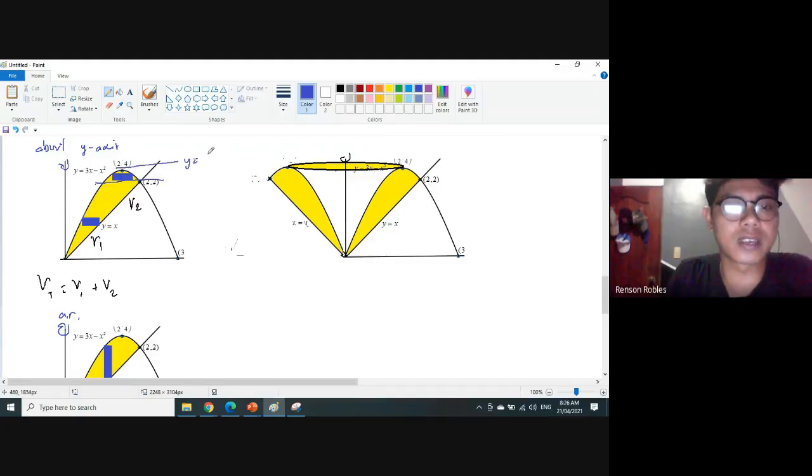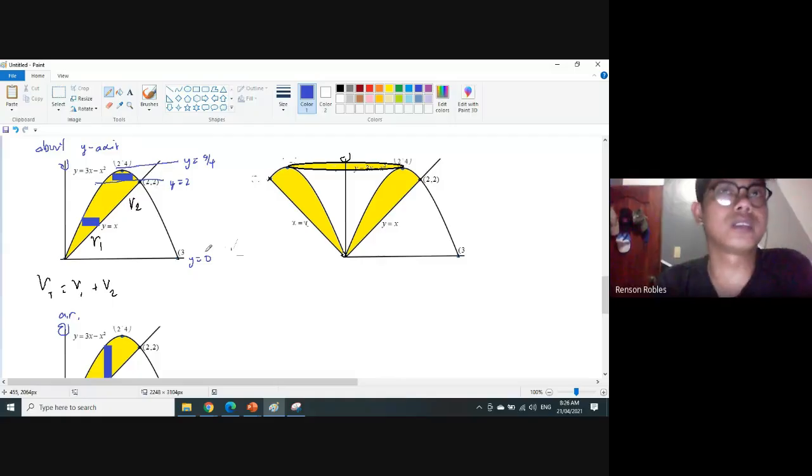So this is y equals 9/4. This is y equals 2, and then this is y equals 0. So from 0 to 2, then from 2 to 9/4. And it will take a little quite lengthy and tedious because we are solving for two volumes.